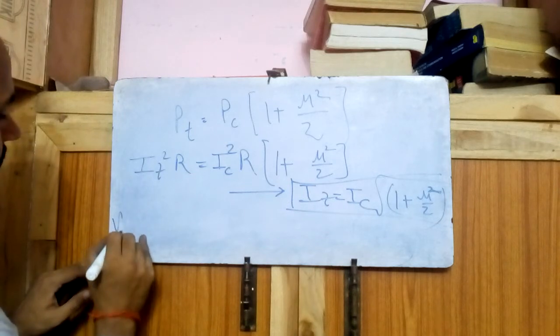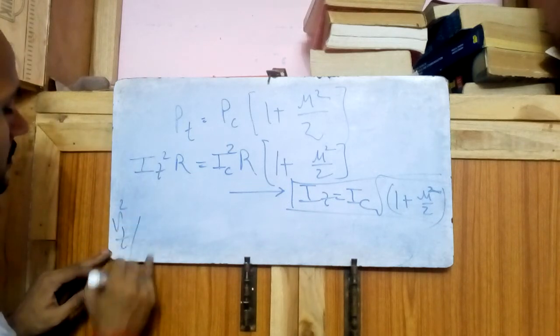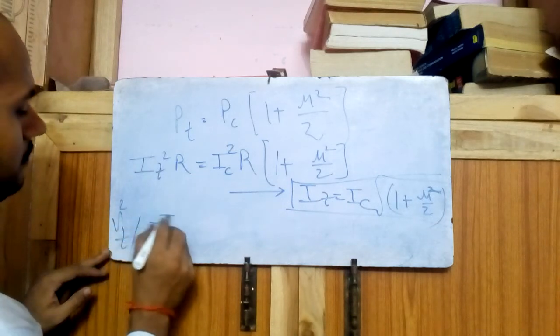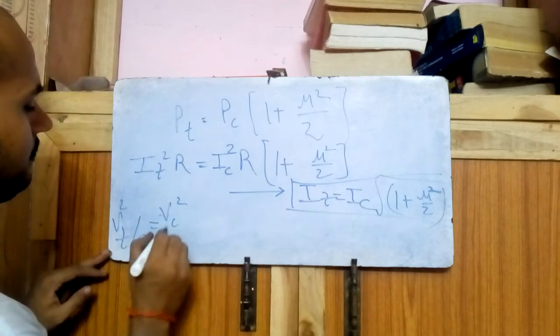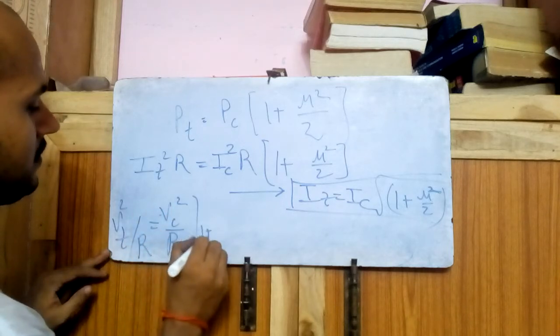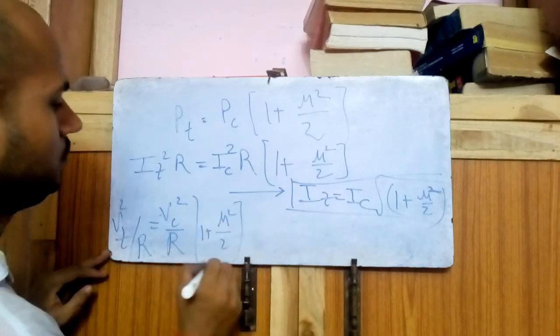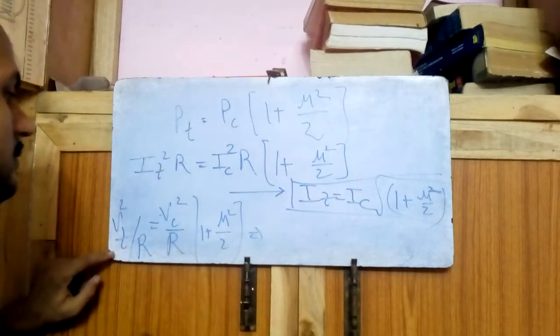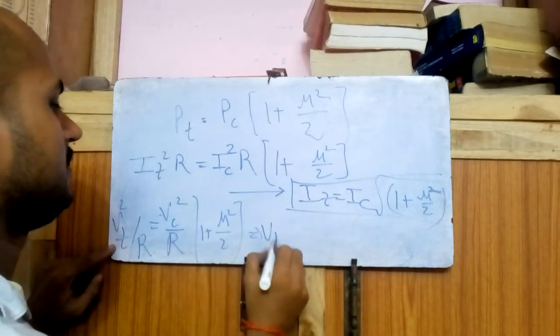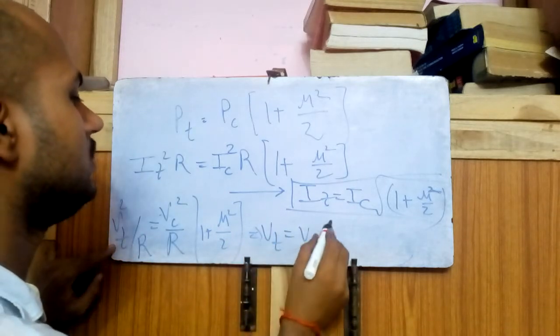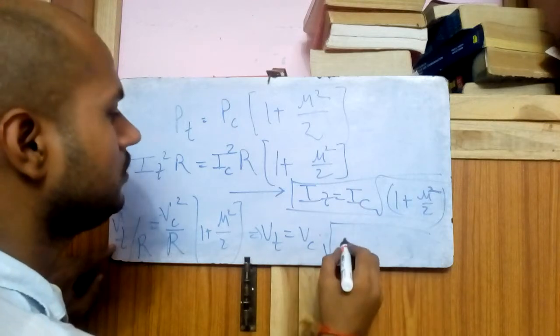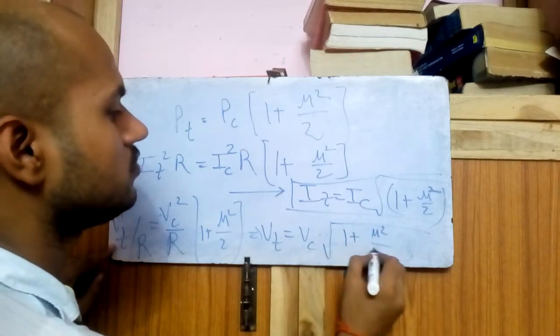Like this, with VT square by R and VC square by R times (1 + mu square by 2), the power formula in voltage form, by solving we get VT = VC under root (1 + mu square by 2).